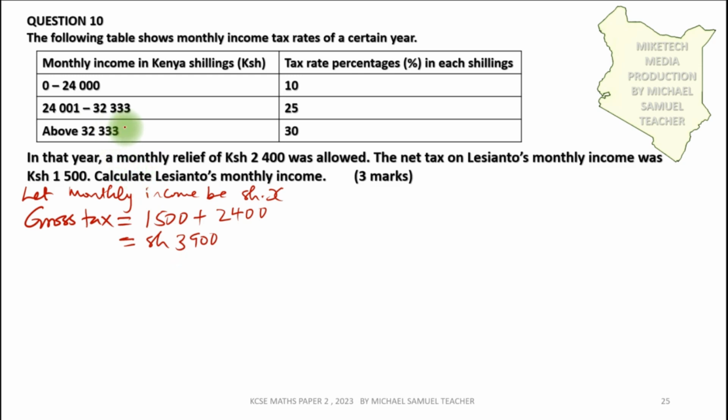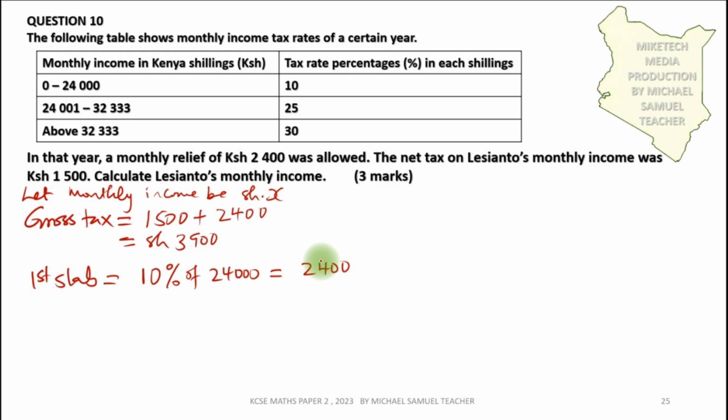So let us get the taxable income values. For the first slab, or the first bracket, what is the income in that value of 24,000? In the first case it is 10% of 24,000, and this we get 2,400.